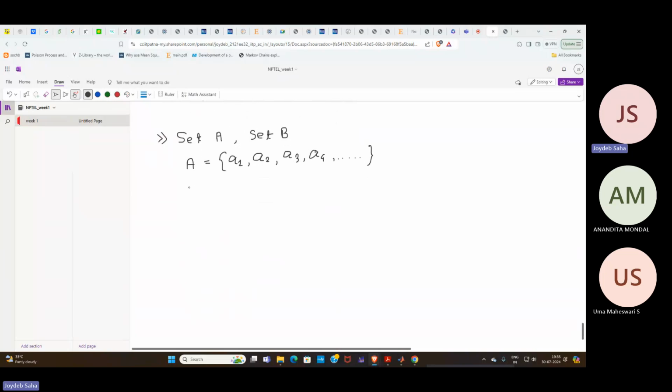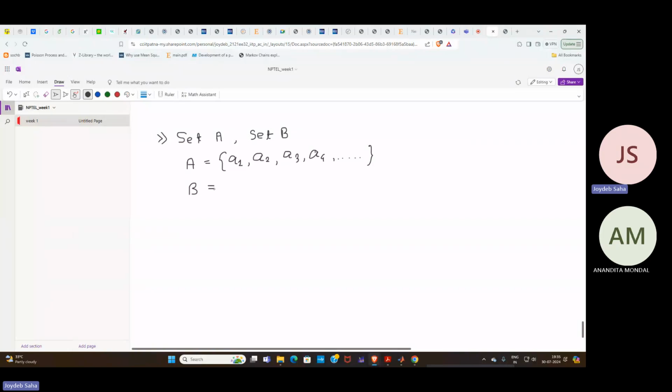And there is a set B. Set B includes the elements B1, B2, B3, B4, and so on.